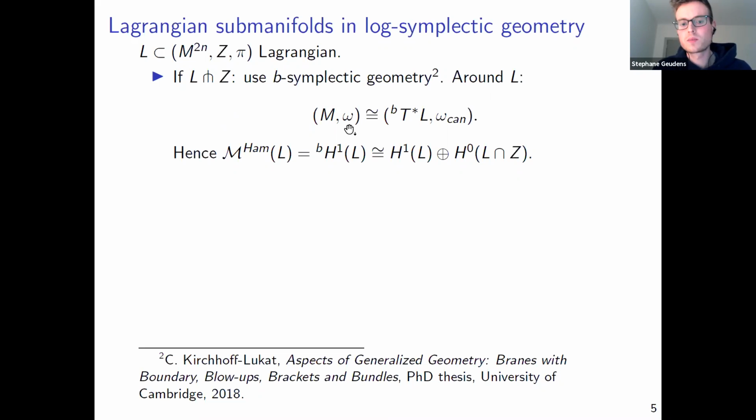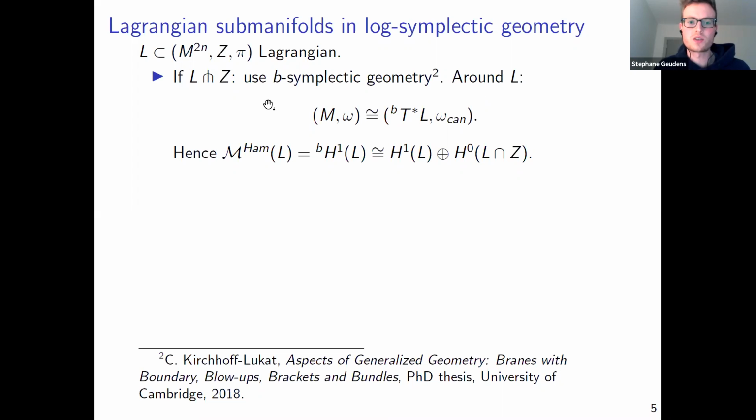It's well known that a log-symplectic structure pi can be inverted to a kind of singular symplectic form, a B-symplectic form, which I call omega here. And in this case, we have a Lagrangian neighborhood theorem similar to the one in symplectic geometry.